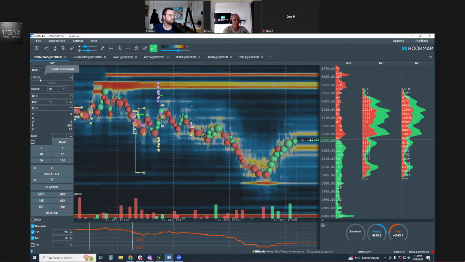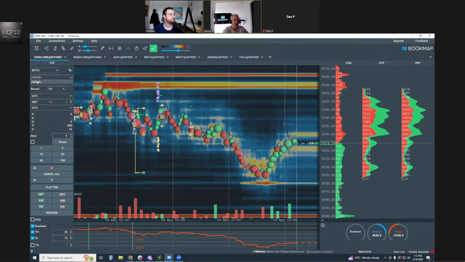The one up here that's kind of interesting for those that want to test things, or they're new to trading and they're trading small size, is a great feature in Bookmap. It has to be in live mode, and I'm in sim, so it won't work. But what you do is you open up the MES, so the micro contract, and you also have the ES contract here.